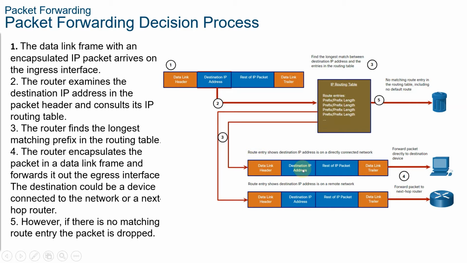The fourth step is the router encapsulates the packet in a data link frame and forwards it out the egress interface. The destination could be a device connected to the network or a next hop router. The fifth one: if there is no matching route entry, the packet is dropped, which is the default behavior of a router.